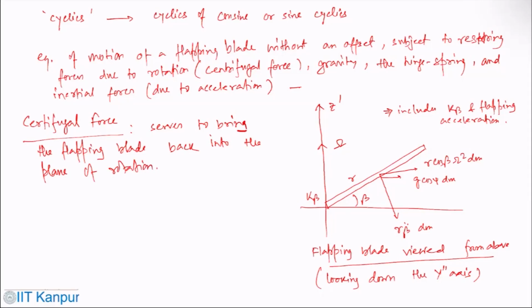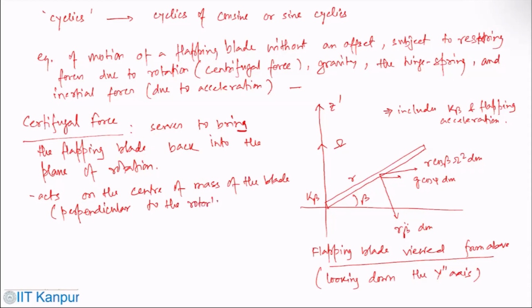So this magnitude depends on the square of the speed of rotation, and it is independent of blade azimuth. Centrifugal force always acts on the center of mass of the blade, and is perpendicular to the rotor's axis of rotation.